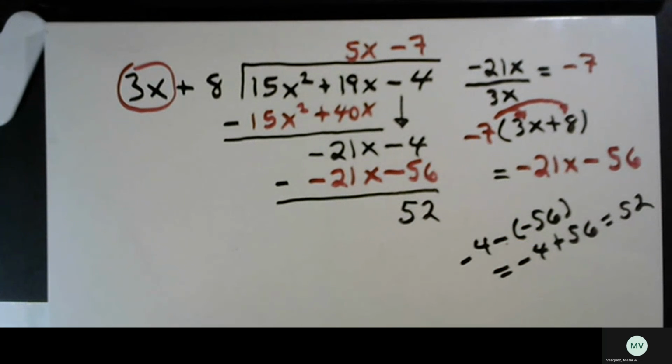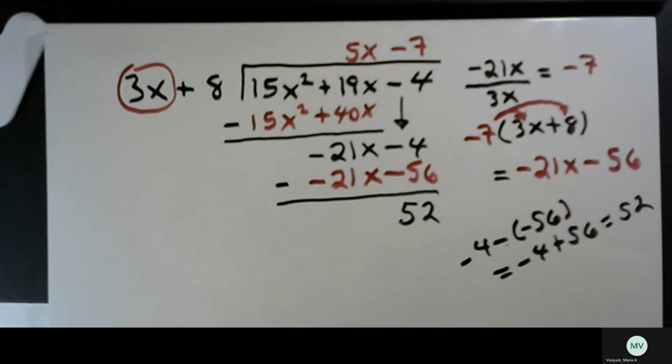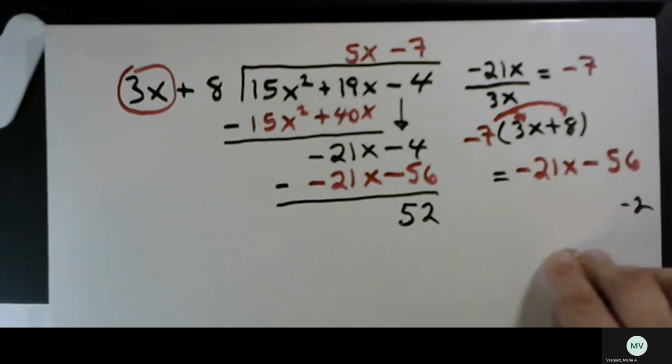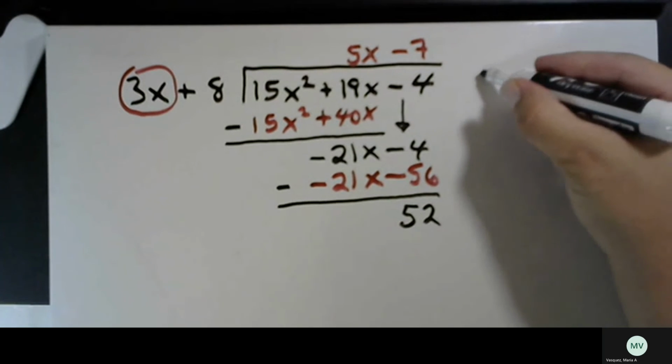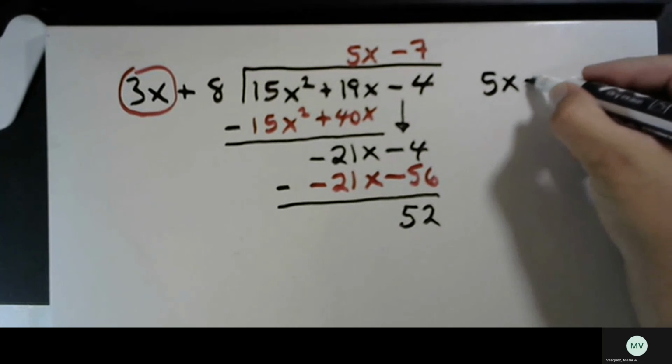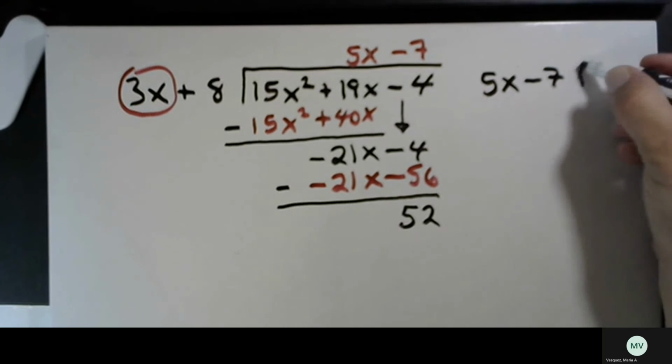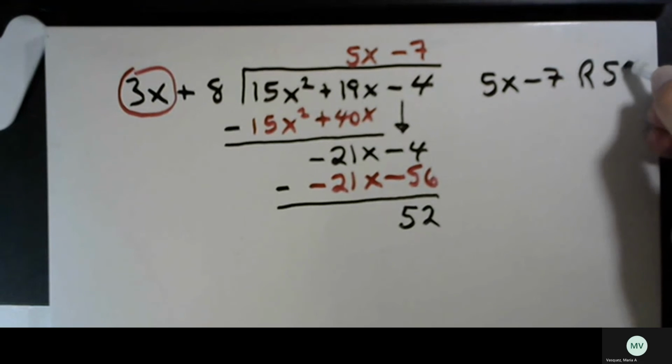And then that's it. That's our second cycle. There's nothing else to bring down. No other terms we can bring down. So we're done. We just have to figure out how to give the answer. So again, the answer, you could say it's 5x minus 7, remainder 52.